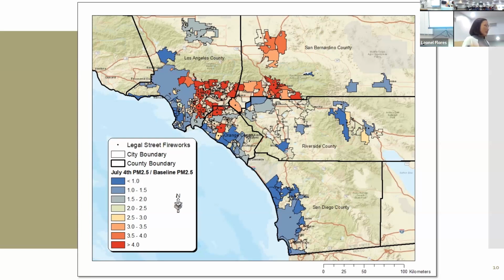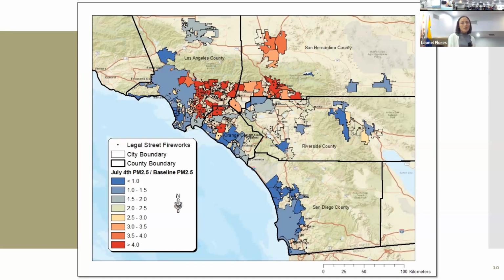Right, that's very clear. Then you look at our neighbor on the north side, LA. They're doing poorly, right? For LA, there are a number of cities in red, and also in San Bernardino, there are some cities in red. This is because in LA, there are a number of cities that allow very extreme levels.